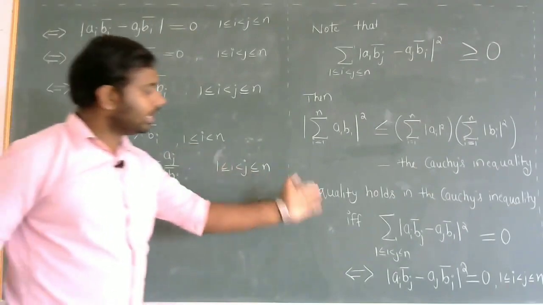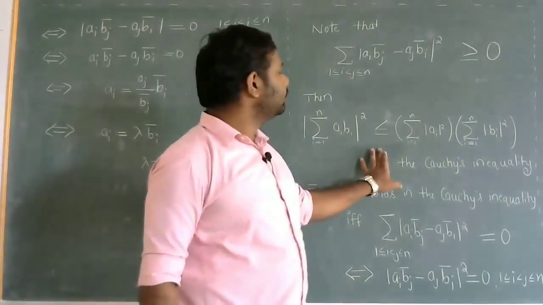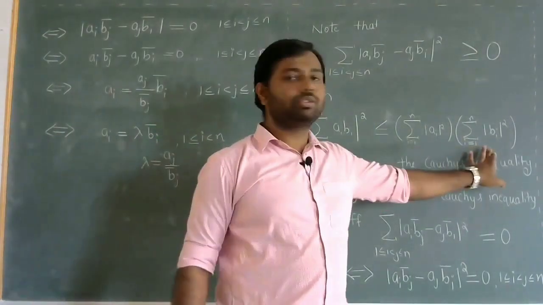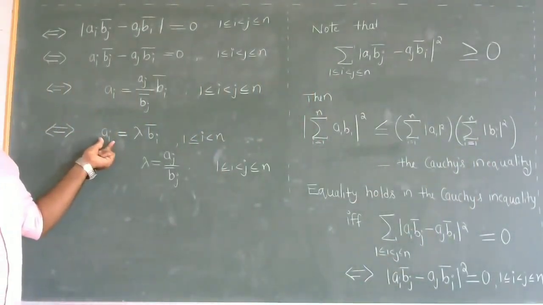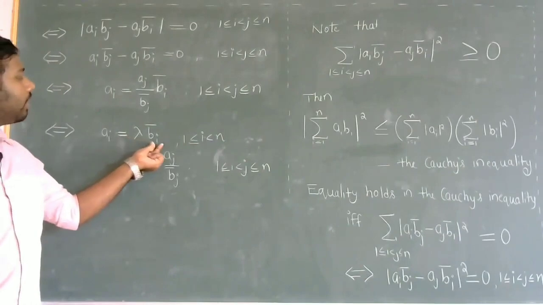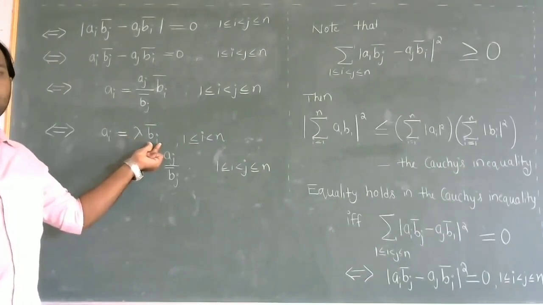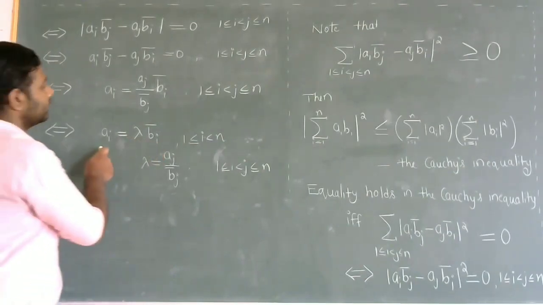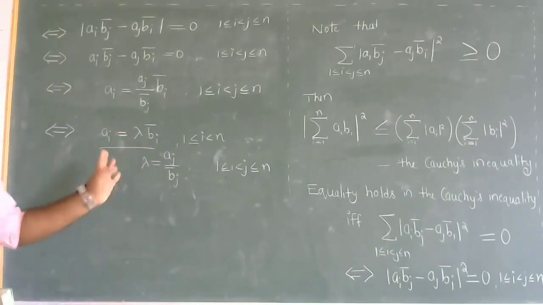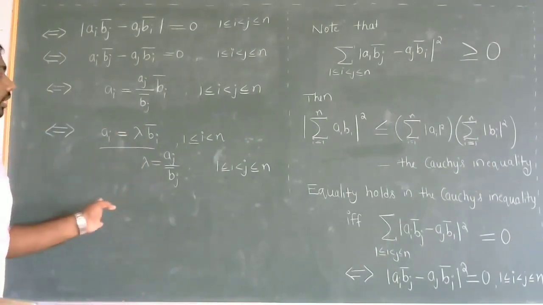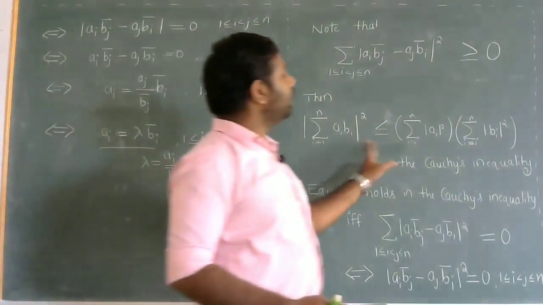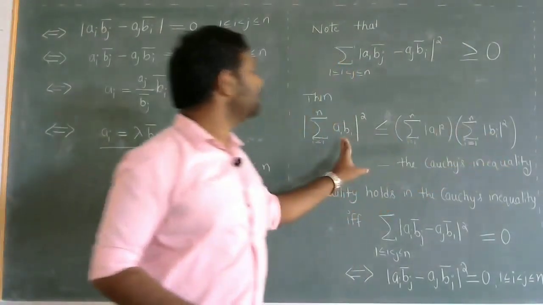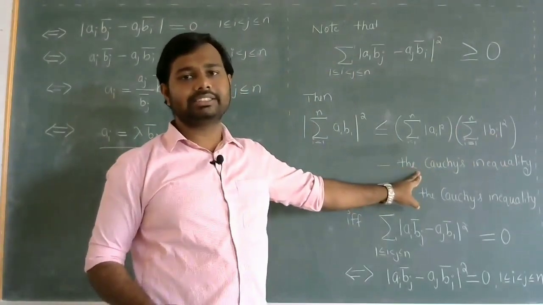So you can observe here, equality holds in the Cauchy's inequality only whenever all ai's are scalar multiples of conjugates of bi's. If this holds for the given complex numbers a1, a2, ..., an, b1, b2, ..., bn, then obviously equality holds for such a set of complex numbers in the Cauchy's inequality.